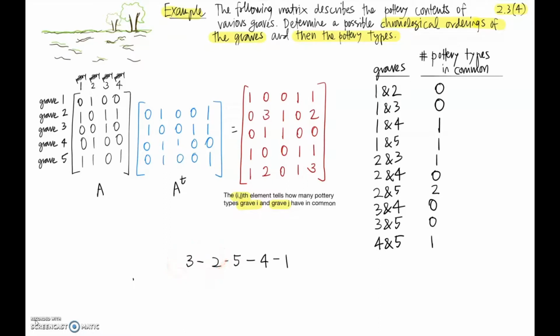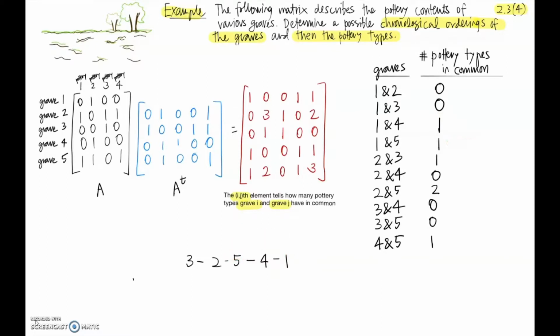Okay, so let's go down this row. 1 and 2 aren't that connected, and that makes sense here. 1 and 3 aren't very connected, and that bears out with how we've ordered things. 1 and 4 are pretty connected. 1 and 5 are sort of connected. Okay, this could be closer, so that may be something we need to change right there.